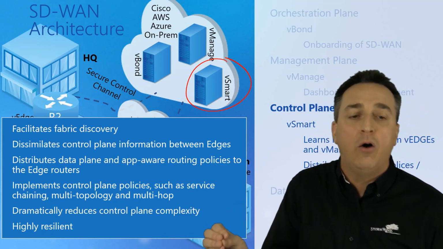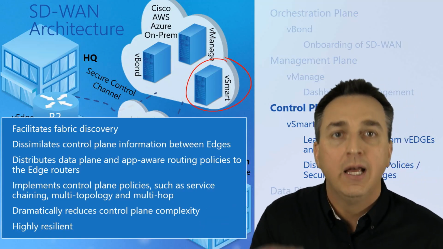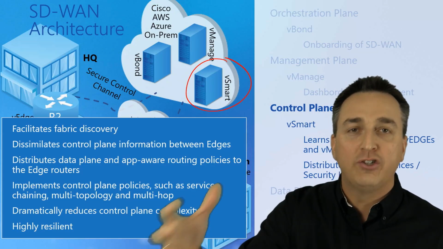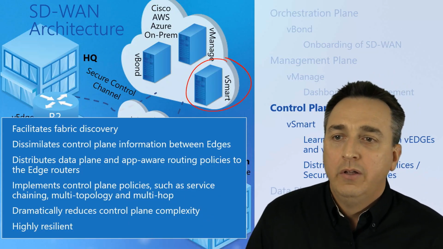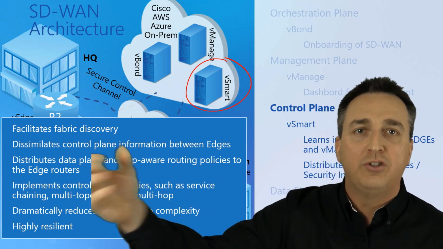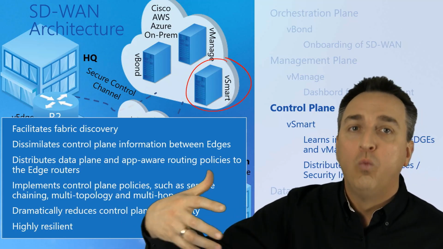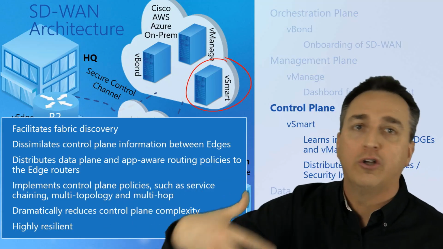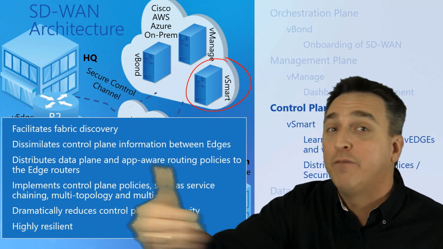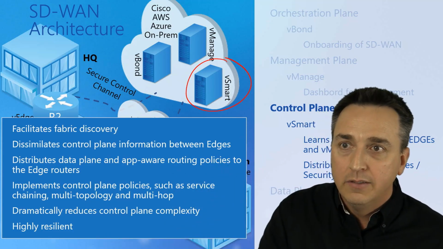So here's one of the powers of SD-WAN over traditional WANs. In traditional WANs, folks, how many control planes do you have? The number of control planes you have in a traditional WAN equals the number of devices you have. So if you have 100 WAN routers between headquarters and branches, then every single one of those devices has its own control plane that you have to manage, monitor, and maintain.